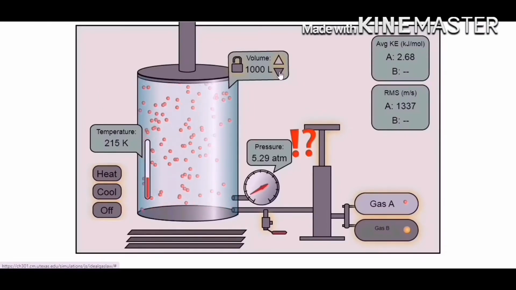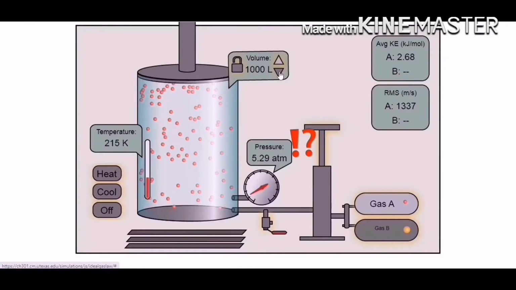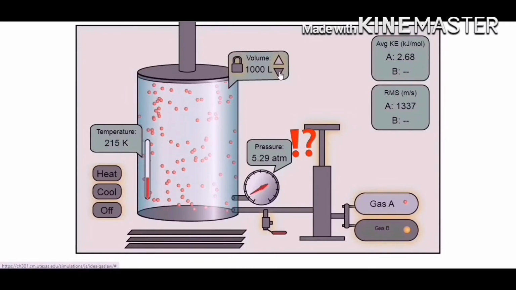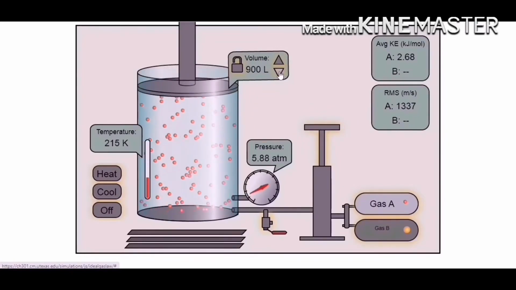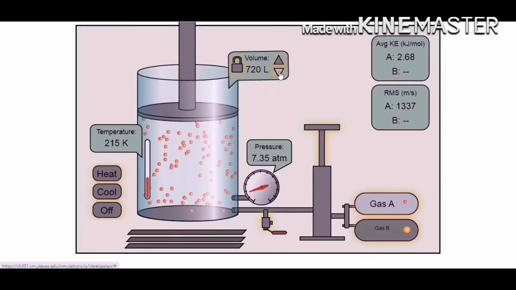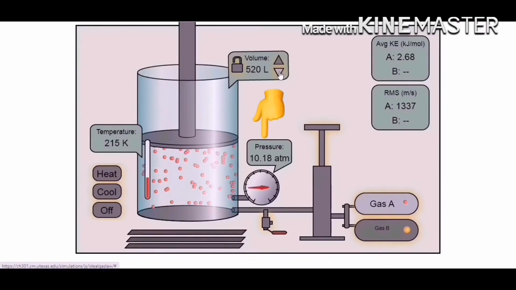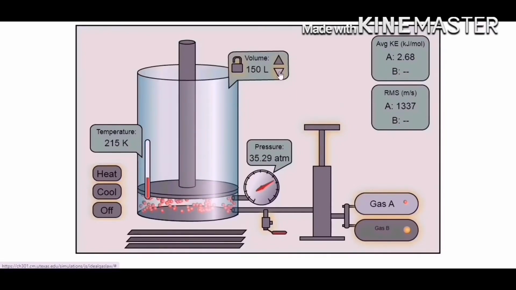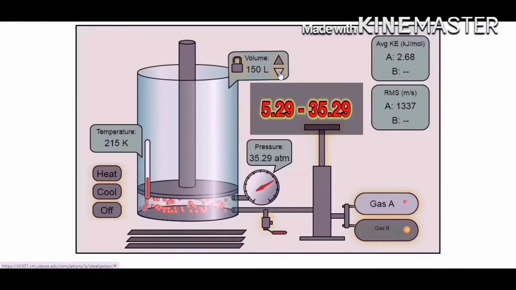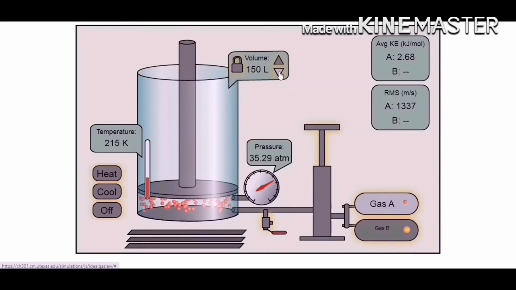Now, what do you think will happen to the pressure of the gas if we decrease the volume? Let's find out. After decreasing the volume, we observe that the pressure increased from 5.29 atmospheres to 35.29 atmospheres. Now, what if we increase the volume?